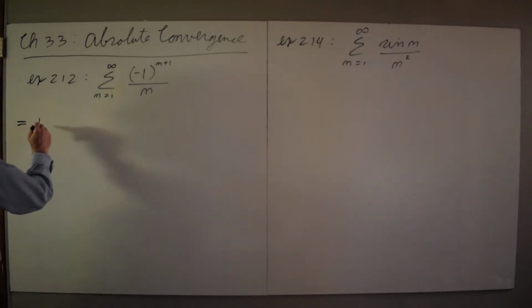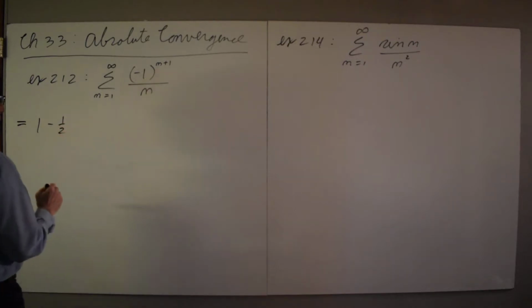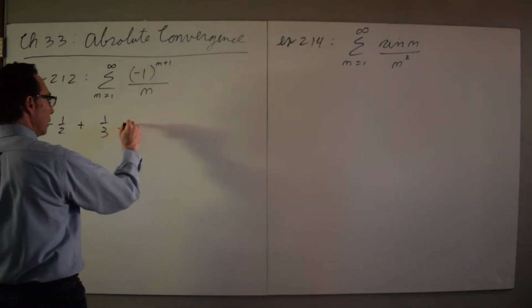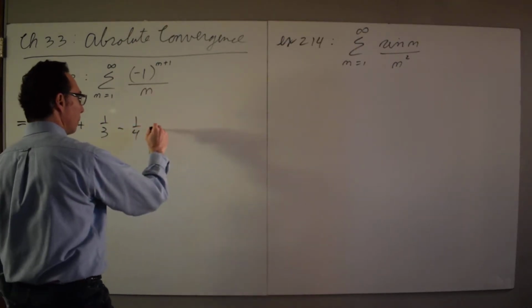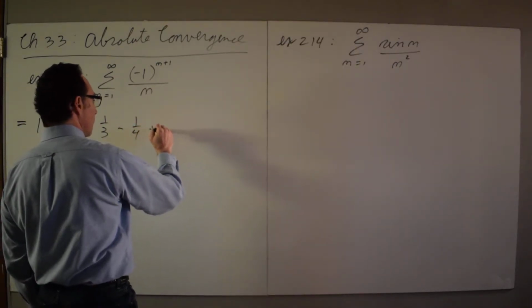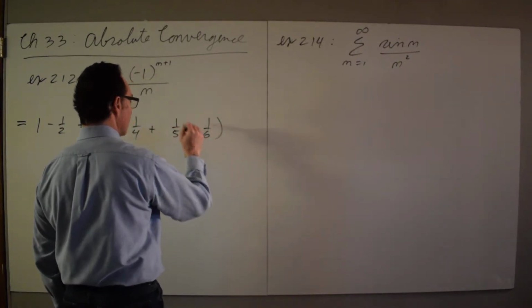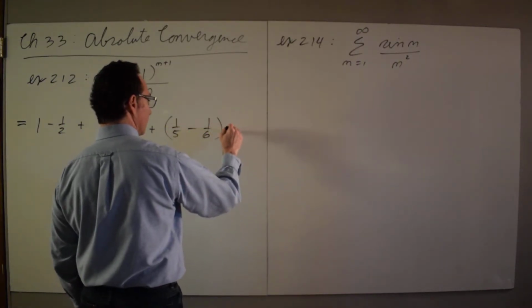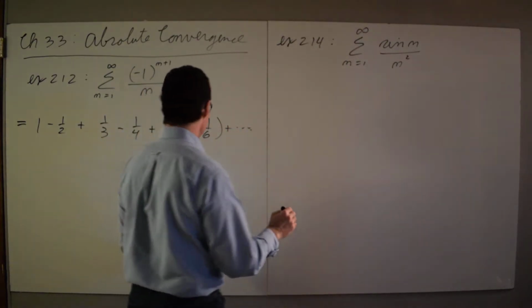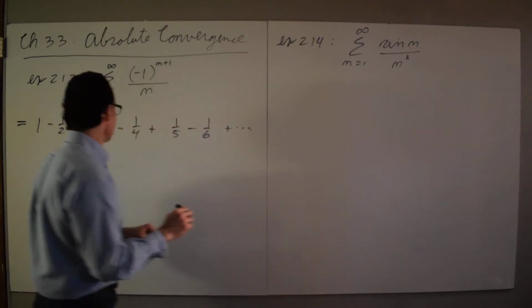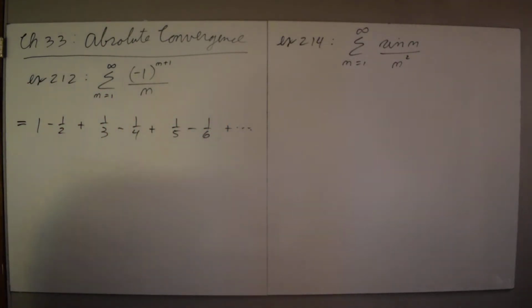We have 1 minus 1/2 plus 1/3 minus 1/4 plus 1/5 minus 1/6, etc. So this is what the series looks like.